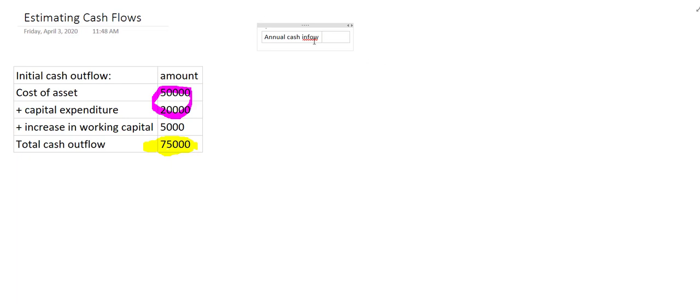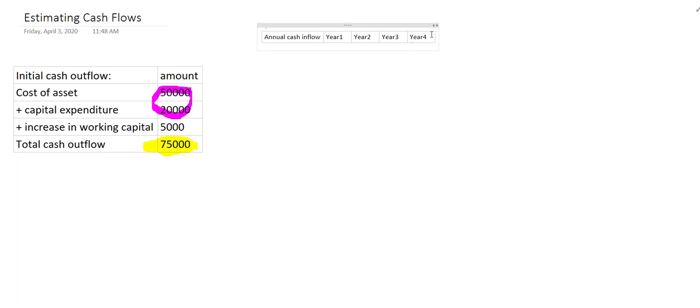The columns depend on the number of years. For how many years do we have this? If you remember, our project is for 4 years. So mention year 1, year 2, year 3, and year 4, right?